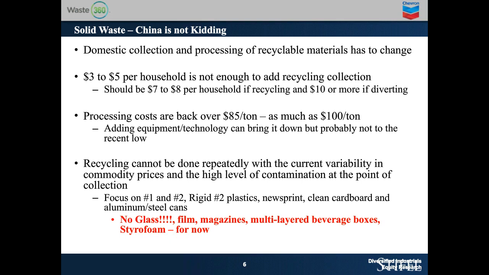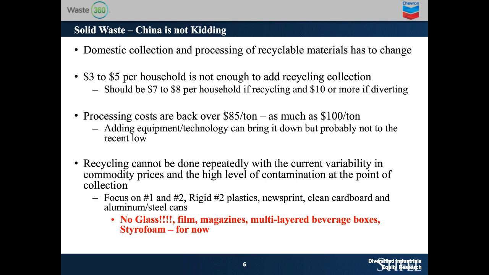To the degree that a third-party user is coming into someone else's MRF, they're now paying an appropriate fee in most cases for what it costs to process the recyclables, plus a reasonable margin. Cost of processing is $100 to $120 a ton. Six months ago, it had gotten as low as $65 to $80 a ton. So we've clearly raised the cost of processing because of what China's done, and we're charging for that in some cases.